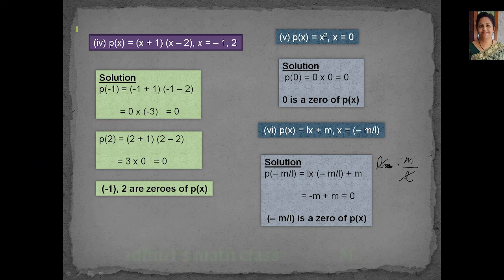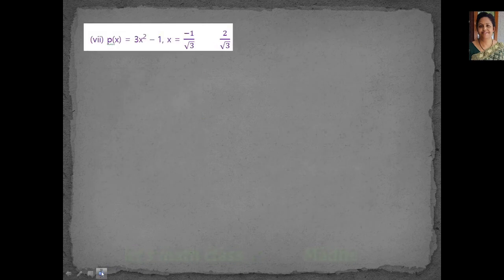Next one. P(x) is equal to 3x squared minus 1. x is equal to negative 1 by root 3 and 2 by root 3.